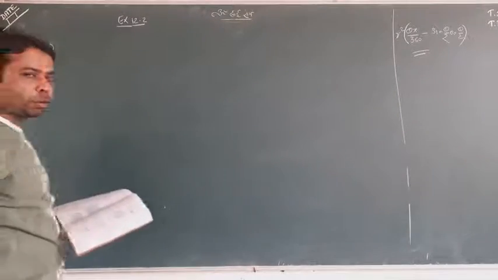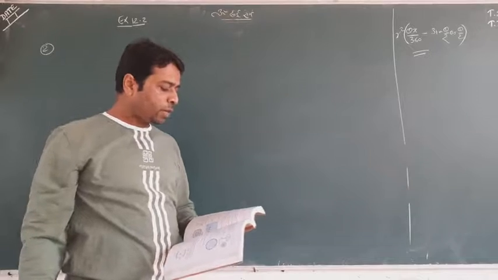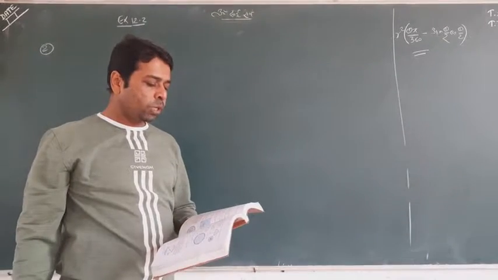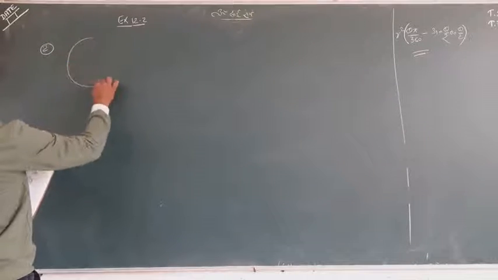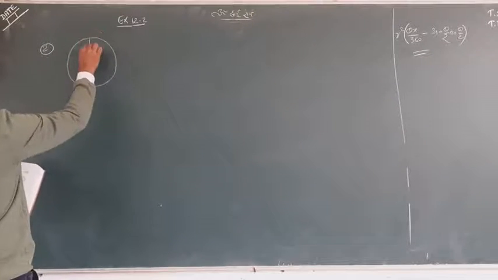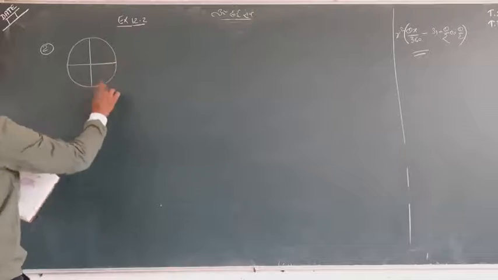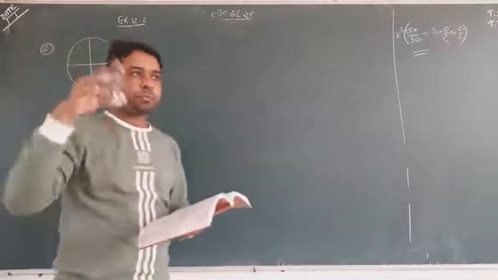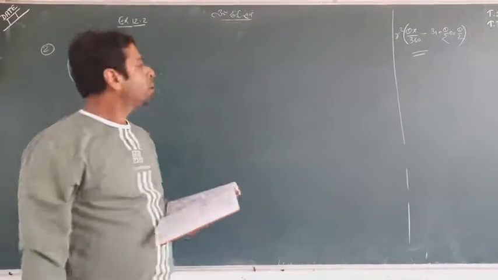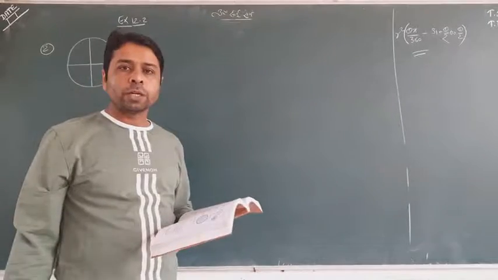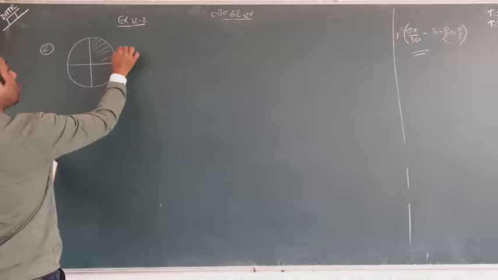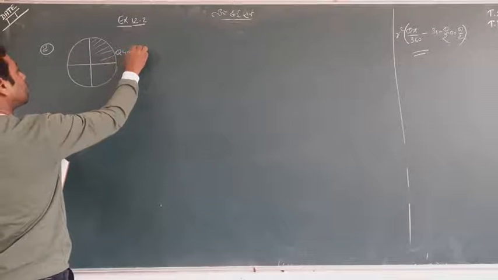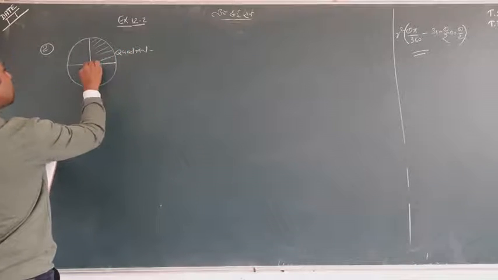Let me speak something about this. Find the area of a quadrant of a circle whose circumference is 22 centimeters. Very good question. This is a circle, and if I make 4 equal parts of the circle, this particular portion is called a quadrant. This is the center, definitely.